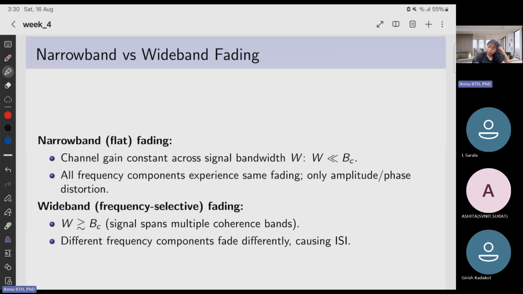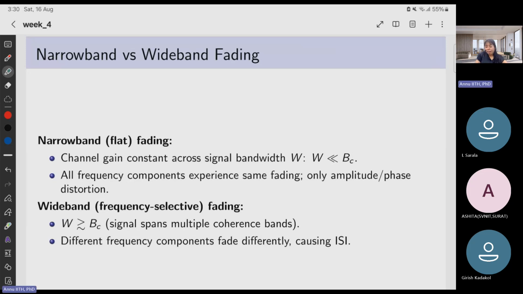On the other hand, wideband fading, which is frequency selective fading, is when the input signal bandwidth is greater than or equal to BC. The signal spans multiple coherence bands and different frequency components fade differently, causing ISI, intersymbol interference.